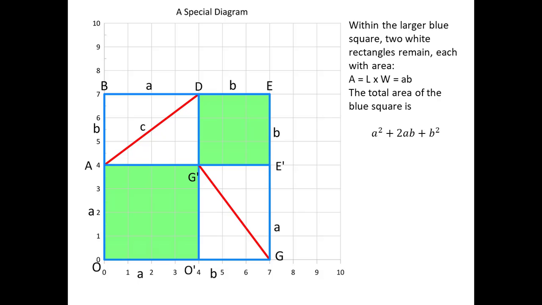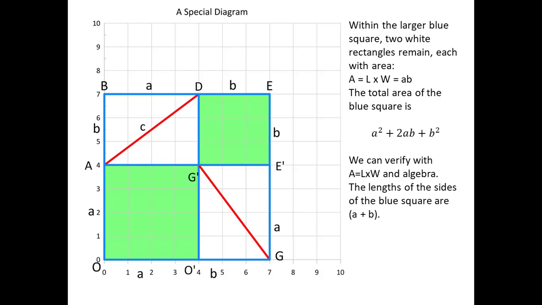And we can verify that using the area formula and a little bit of algebra. If we look at the length of the sides of the blue square, as we had pointed out going around this before, the sides were a and b, so the length of each side is a plus b.